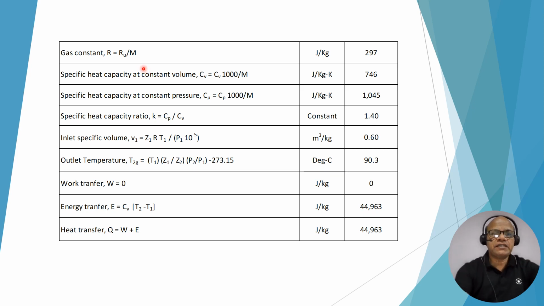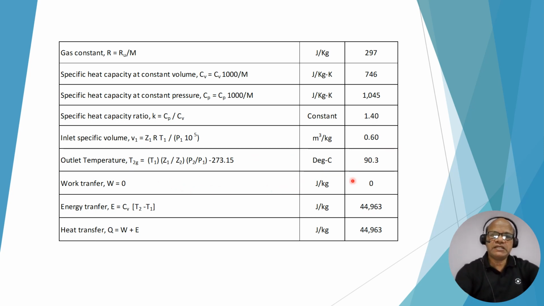So we can write, converting gas constant Ru by m, and also converting this into joule per kg per Kelvin, just dividing by m, multiply 1000. Cp calculated, then k can be calculated, and v is equal to Z1RT1 by P1. T1 is absolute temperature, which is added to 273.15 with the gauge in this equation, and P1 multiplied by 10 to the 5 to convert into Pascal. So it is coming 0.6.